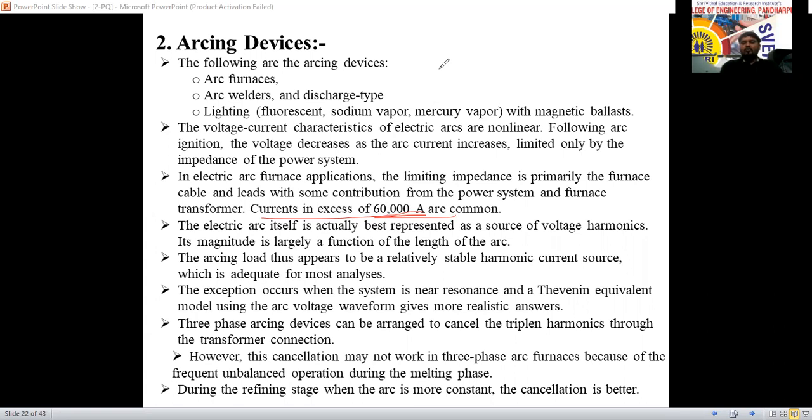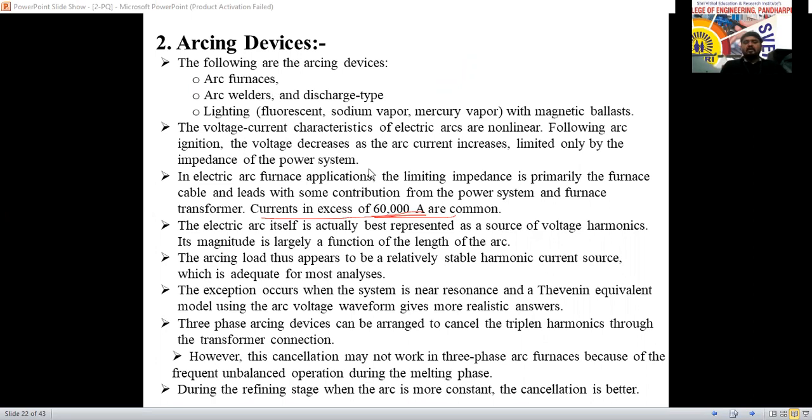With mercury lamps, slowly the arc will produce over there, and slowly the light intensity will increase over there. So like that there are arcing devices. These are the three types of devices.